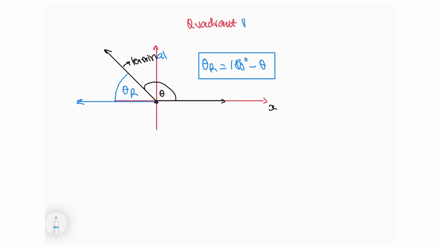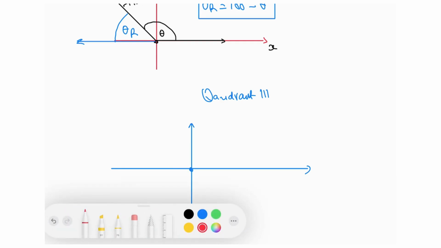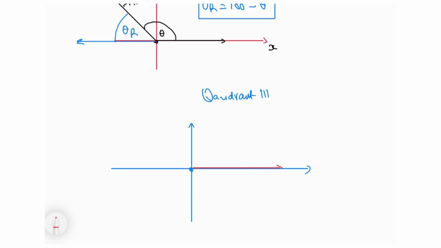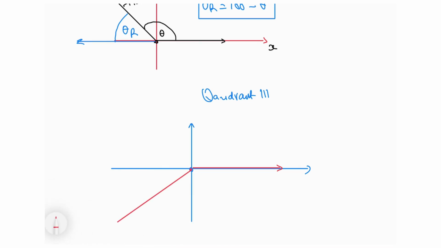Now quadrant 3. Here is again our angle in standard position, and it is now in the third quadrant. This is the angle.